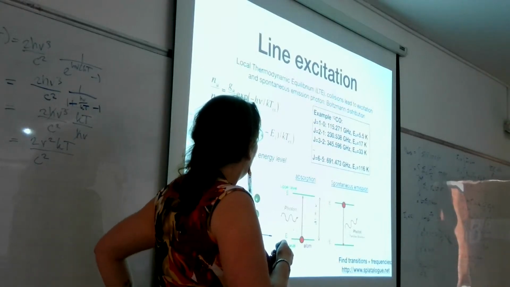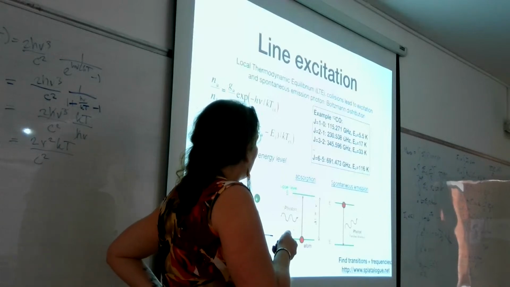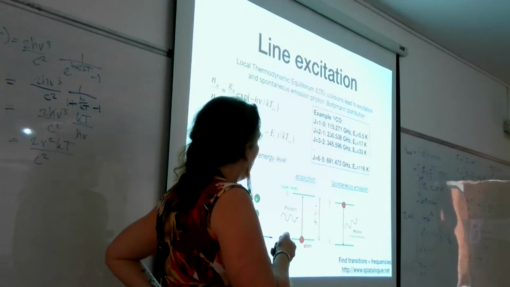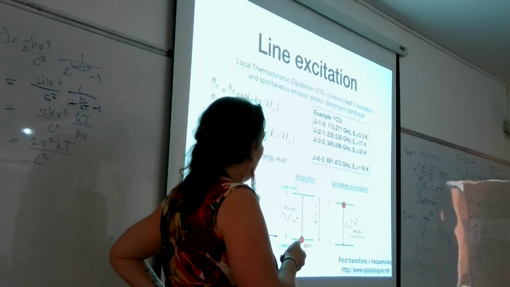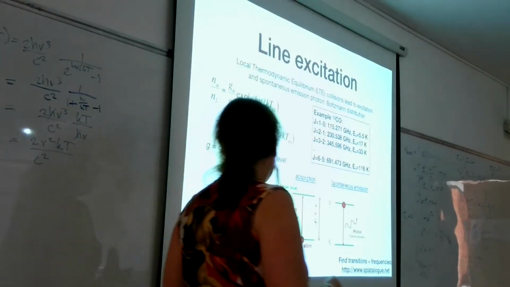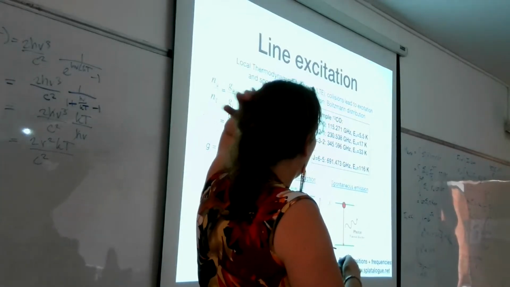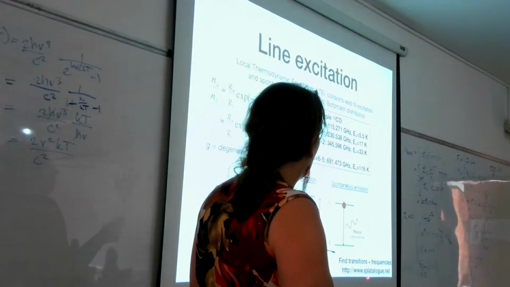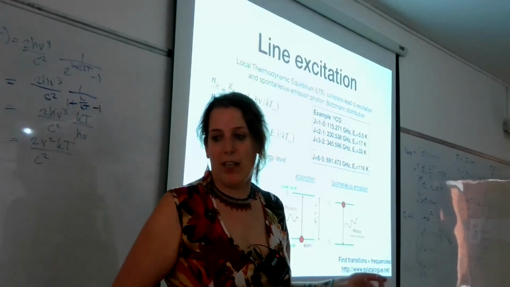So you can calculate that the transition from level 2 to level 1 has this frequency, and that is essentially equal to the difference between 17 Kelvin and 5.5 Kelvin. If you want to find more of these numbers, so the rest frequencies of molecules and the upper energy levels, go to this website called Splatalogue, where you can find them.